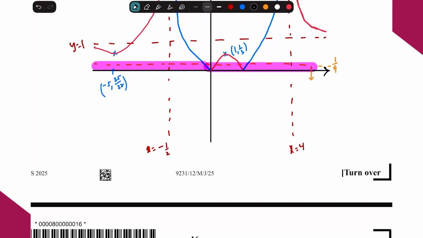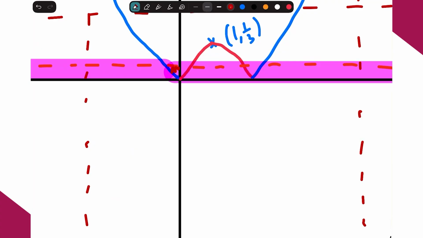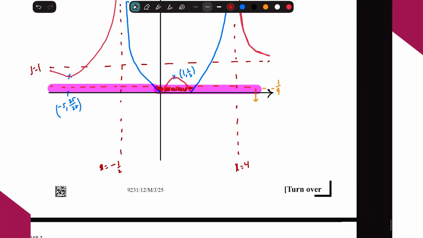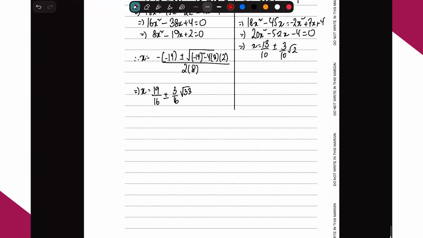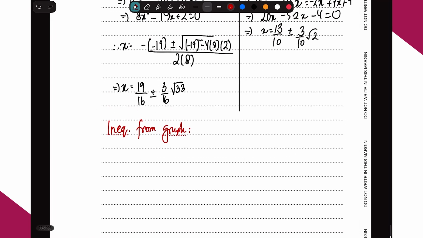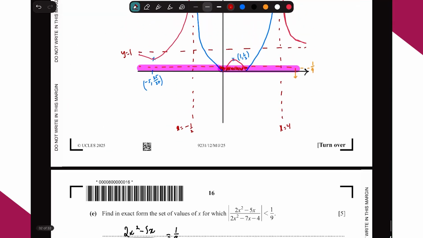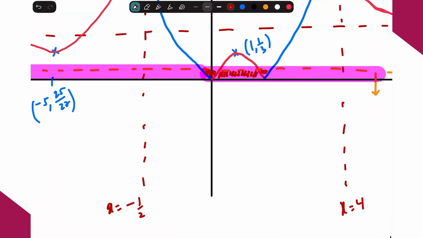So from solving the inequality, for the graph, it's going to be this particular region. That means the inequality from the graph visually is between this negative point right here and this positive point right here.